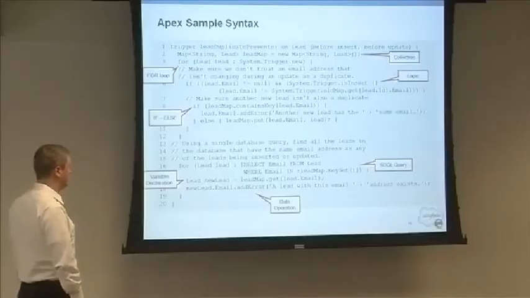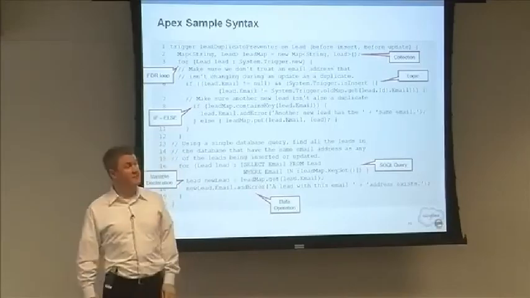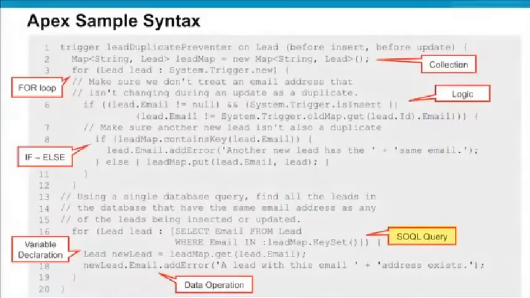But this is our query language that we use to query our multi-tenant database. Notice that if I want to fetch data from Salesforce, like we're doing here, I just write the query and execute it inline. You don't need to create a database connection. There's already the data types and the connection to the database to perform that query.